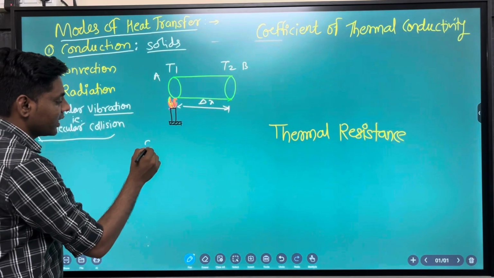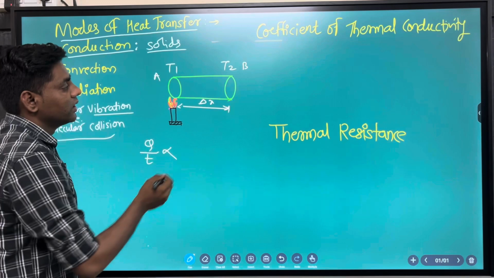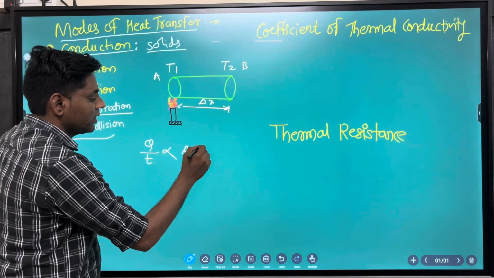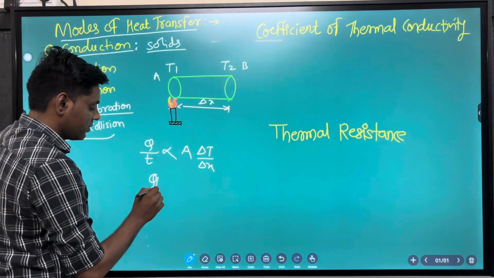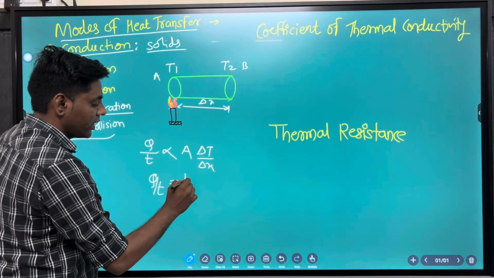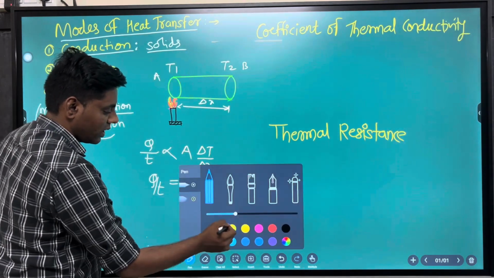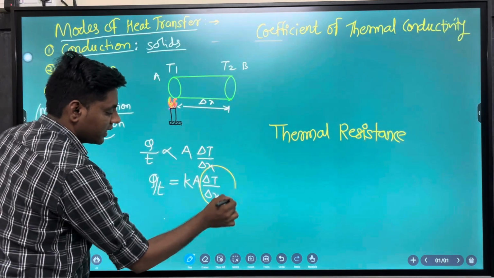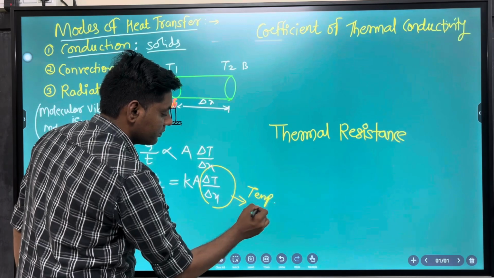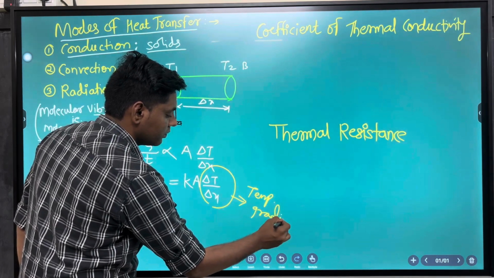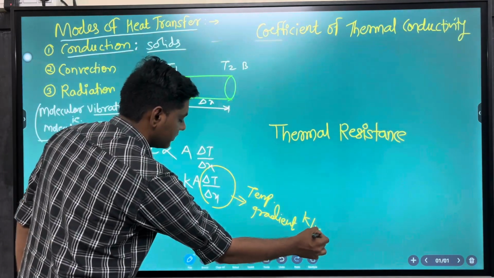So the heat transfer rate, denoted by Q by T, is directly proportional to the cross sectional area of the rod and the temperature gradient. So heat transfer rate is equal to K into A delta T divided by delta X. Here delta T divided by delta X means temperature gradient, having SI unit Kelvin per meter.